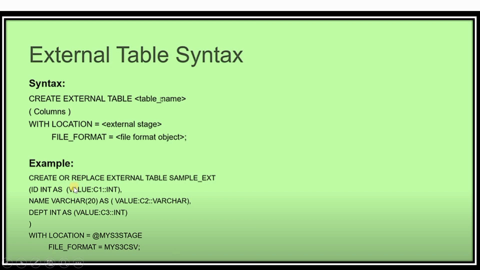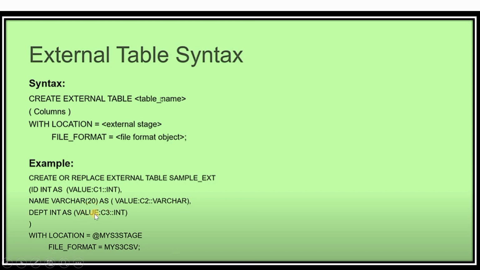After that you give the value, this value will go to column 1, and column 1 will be integer type. So we cast this column 1 into the integer type, doing the casting by using double colons. After that the name will be varchar 20, and we specify this value as column 2 and cast it to varchar, and here it is department as value.